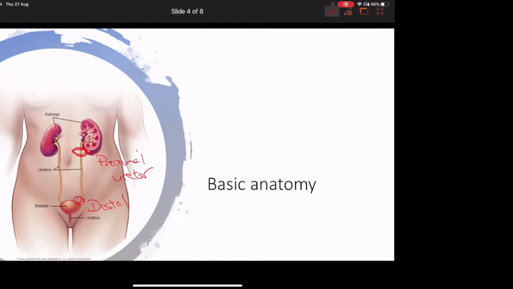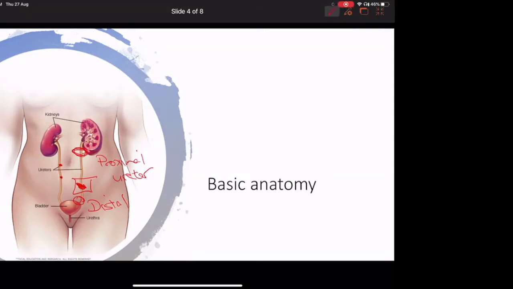Where do these relative terms come in? For example, you have a lesion here. We will say that this lesion is in the distal ureter because it's far away from the body itself. Or say you have a stone, there are two stones.